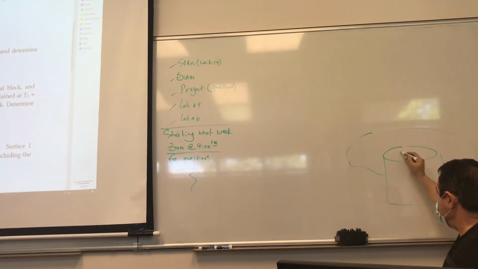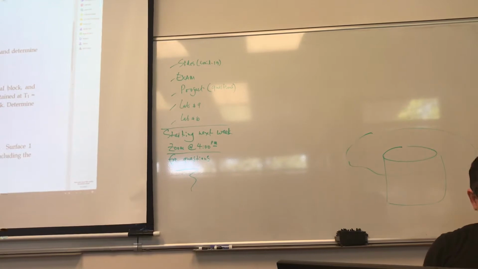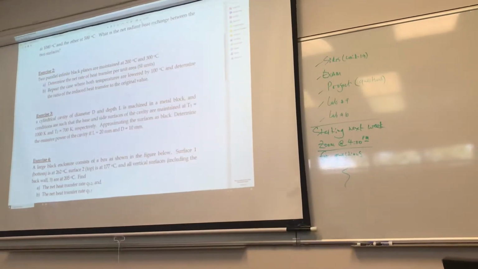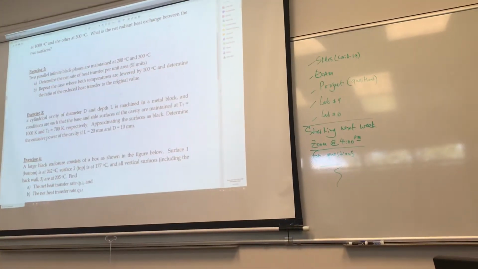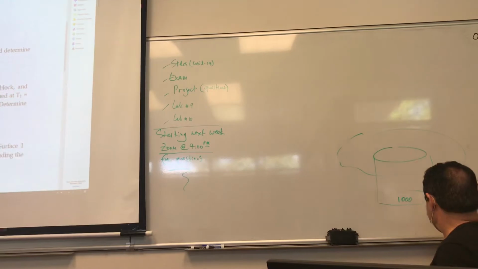There is nothing in here, it's a cavity, that has a diameter D and a length L, and it is machined in a machine block, okay? The conditions are such that the base and the side surface are at 1,700. So we have here 1,000 and 700.